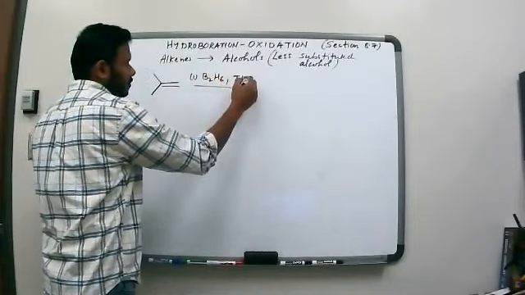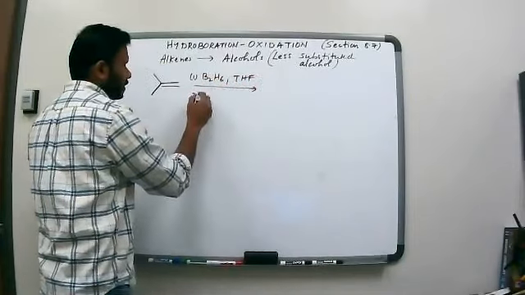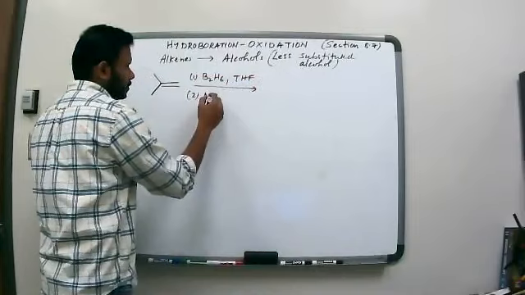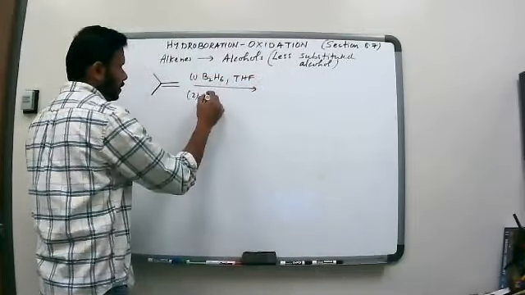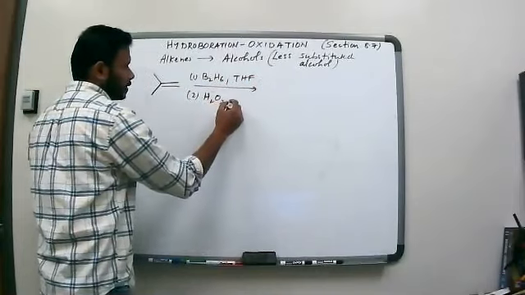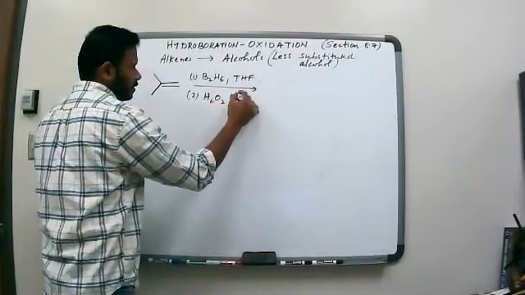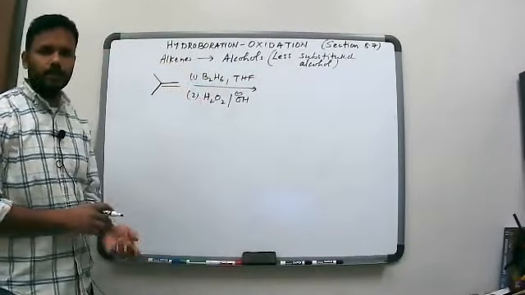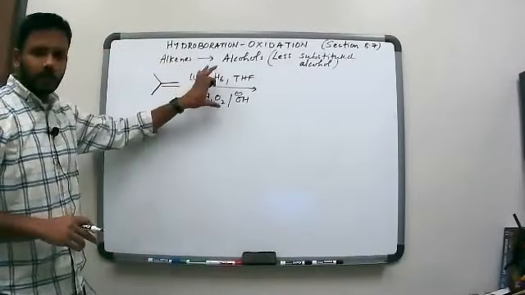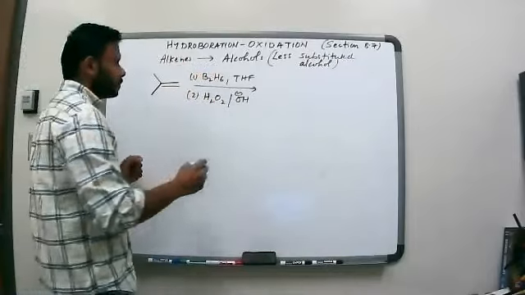So we have this in THF, and second, we're going to react with peroxide and base. So again, two steps. They have to be written as two separate steps, because if you mix all of this together, there'll be no reaction.